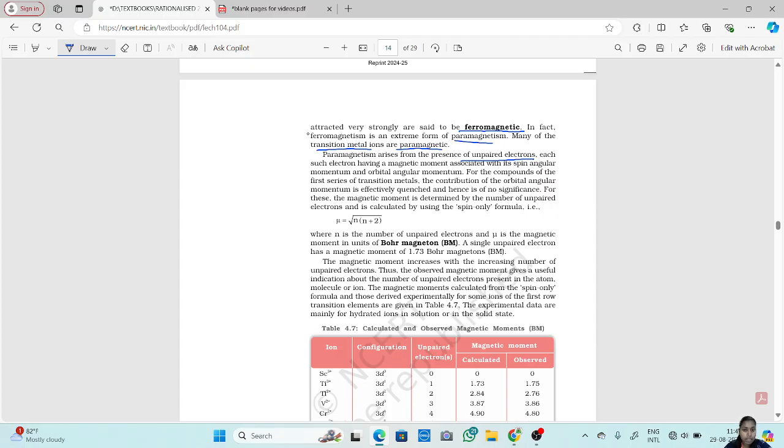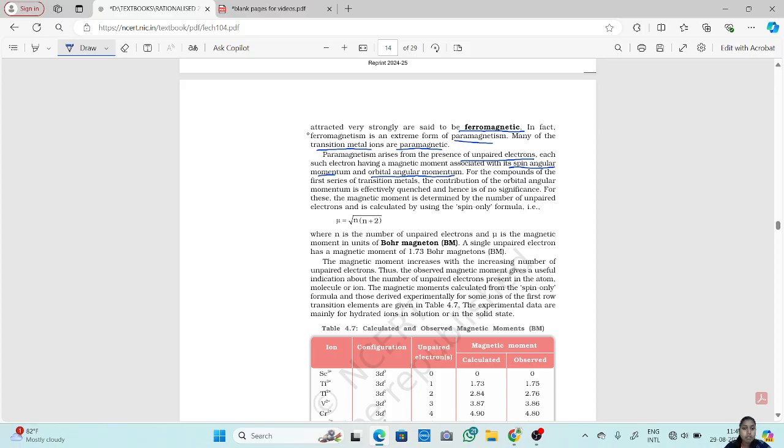Each such electron has a magnetic moment associated with its spin angular momentum and orbital angular momentum. So they can have a spin angular momentum or an orbital angular momentum. They can spin within themselves or they can move within the orbit also.